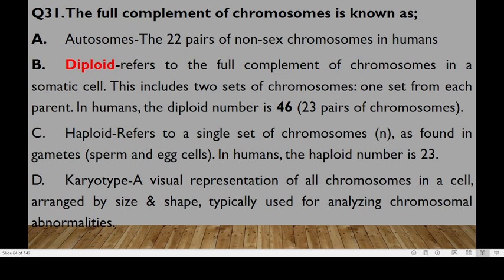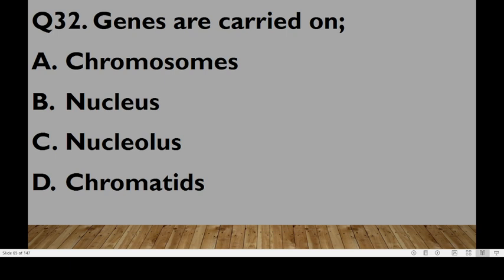It refers to the full complement of chromosomes in a somatic cell. This includes two sets of chromosomes, one set from each parent. In humans, the diploid number is usually 46, or 23 pairs of chromosomes.